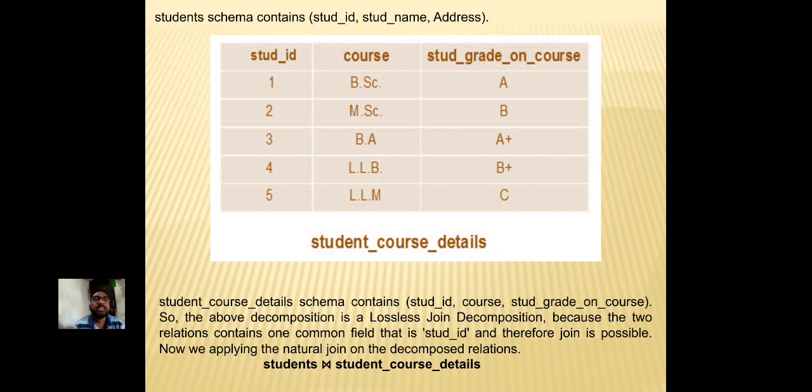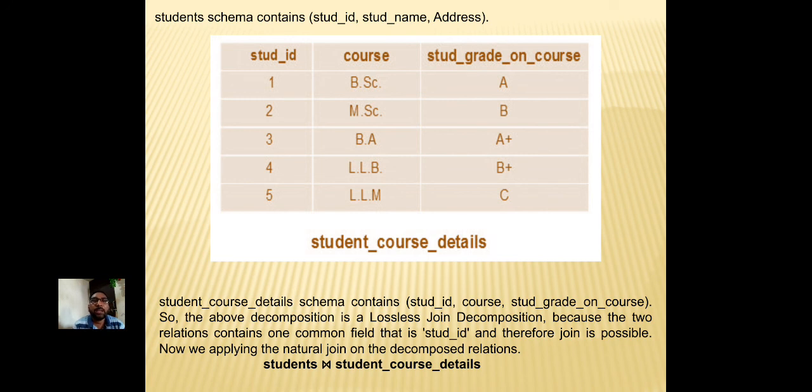The student course detail schema contains student ID, course, student grade on course. So the above decomposition is a lossless join decomposition because the two relations contain one common field, that is student ID, and therefore join is possible.